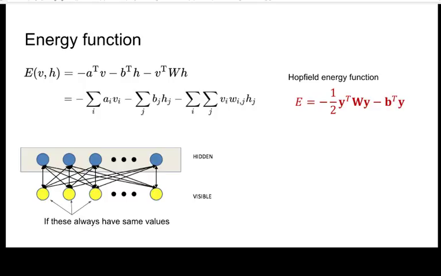So if some subset of the visible nodes always have the same values, if they're always black or always white, it makes sense for the network to have one hidden unit which is strongly correlated to this, so that the energy term reduces by a lot whenever these are positive. So that's one thing.